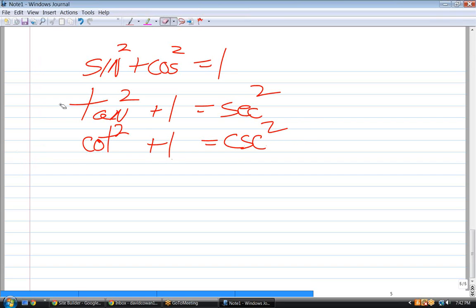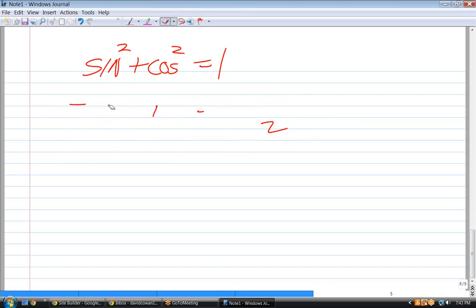Okay, so these three identities are critical for proving your trig identities. Now you have all 11 of them. The 6 reciprocals. In fact, it's good to remember them like this. There are 6 reciprocals, there are 2 quotients, and there are 3 Pythagorean.